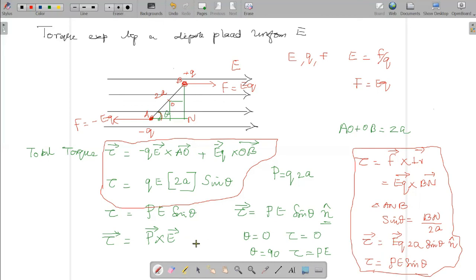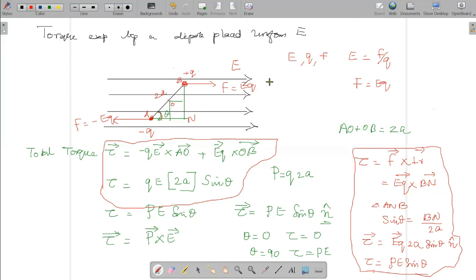So there are two special cases that we have taken into consideration. One, theta is 0. That means both P and E act in the same direction, torque is 0. When P and E act perpendicular to each other, torque is maximum. The important thing is the direction of the torque: it is perpendicular to both vectors.